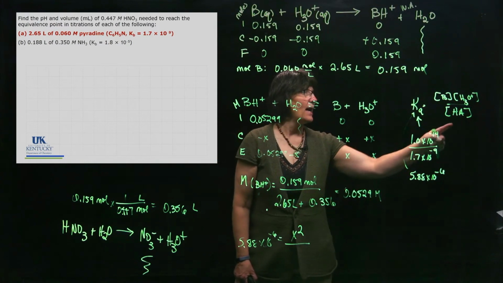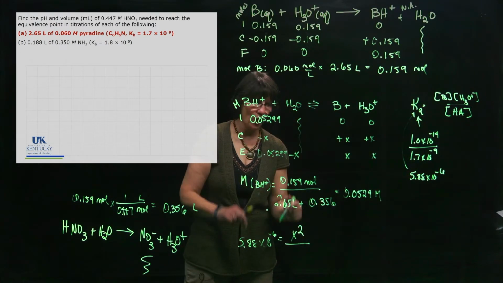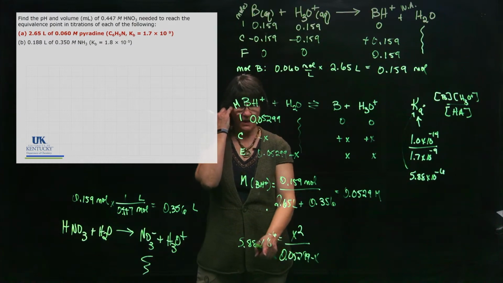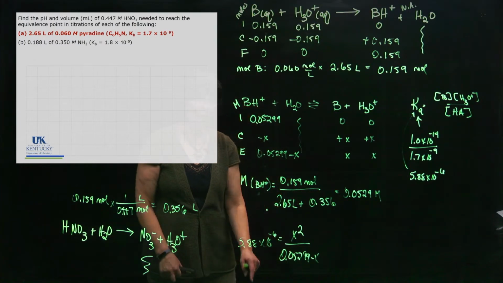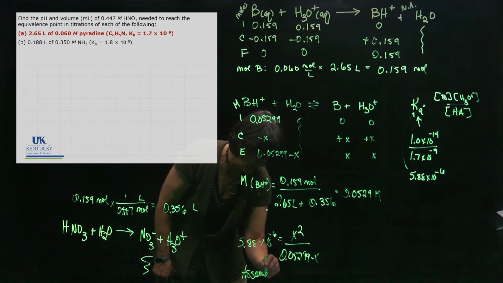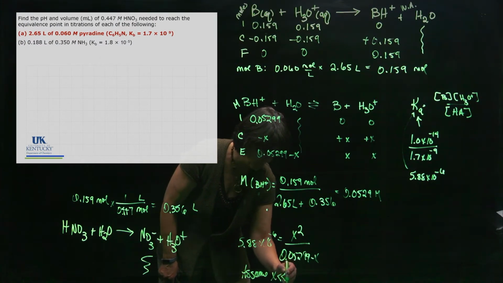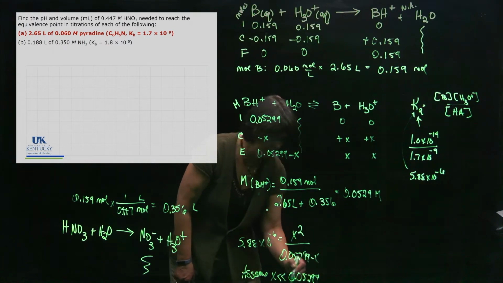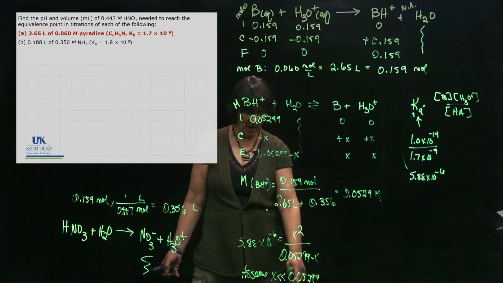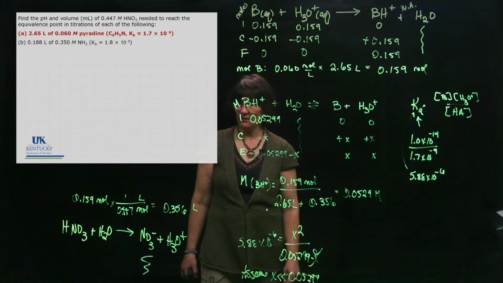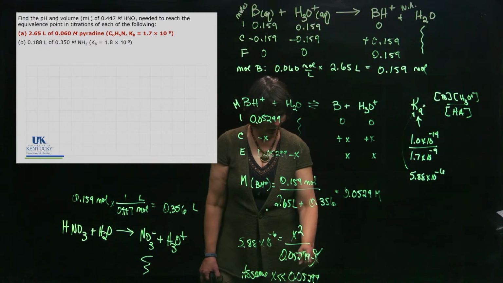And HA's concentration is 0.05299 minus x. Okay, we look at our K. It's a small K. Let's make an assumption. Let's assume that x is much, much smaller than the initial concentration of that acid. May or may not be true, but we'll assume it so that we can ignore that x.